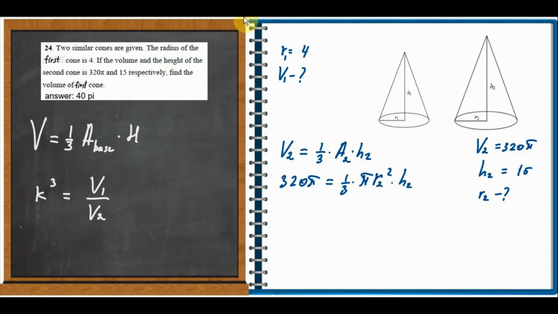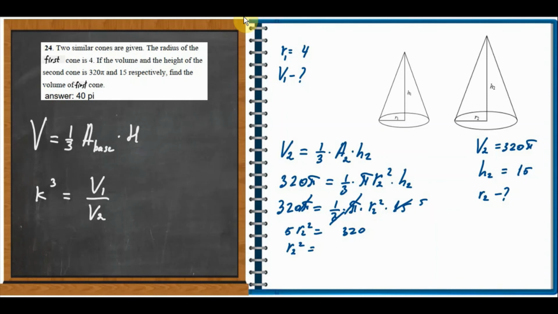Now again continue substituting. 1/3 multiplied by pi multiplied by radius 2 squared multiplied by 15. So let's cancel pi's. We will cancel 3 and 15 also. We will have 5 radius squared equals 320, and the second radius squared is 320 divided by 5.